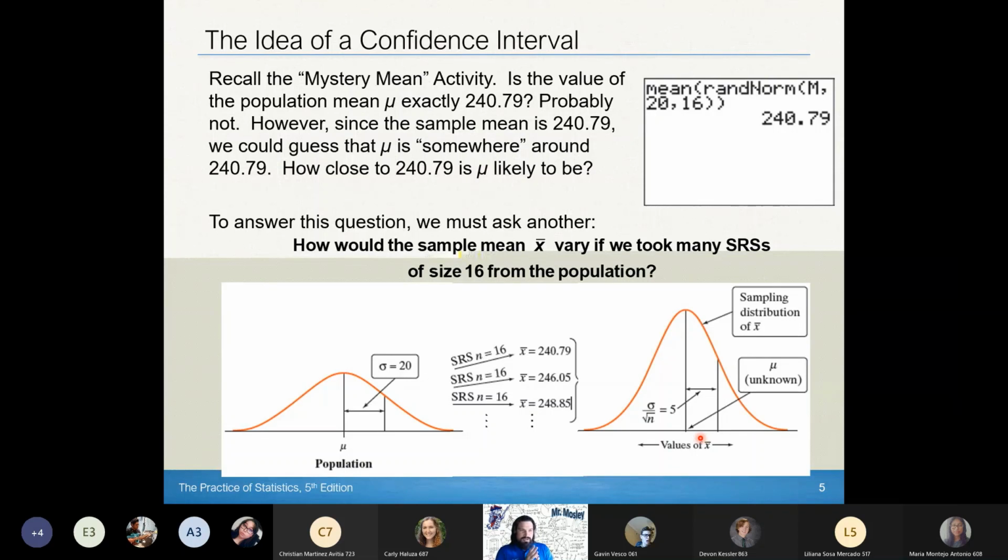Because our estimator is unbiased, the mean of our sampling distribution should be equal to the mean of the population. So it gives us a narrower window to look at. This is exactly what we did in chapter 7, we just get a smaller variation.